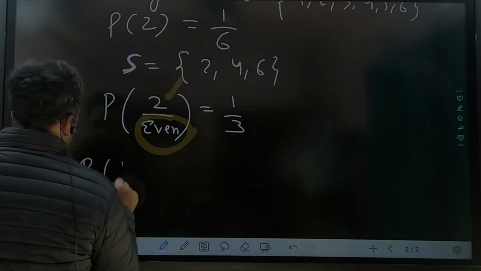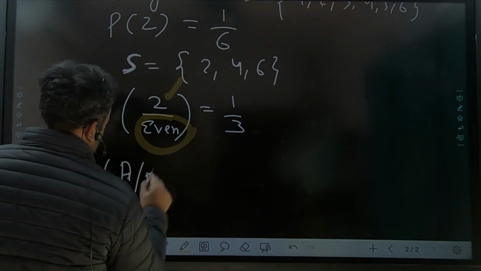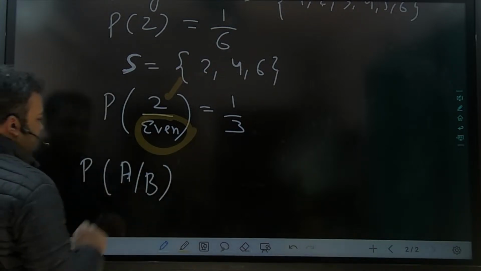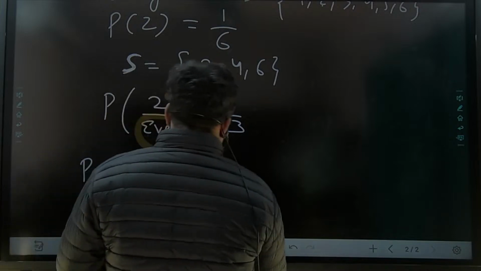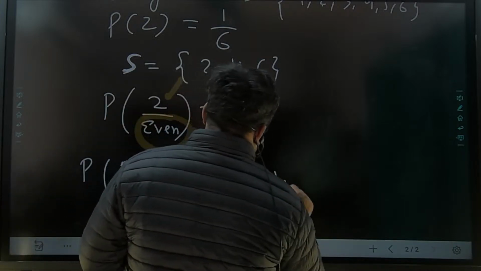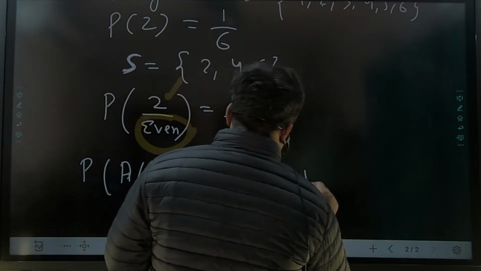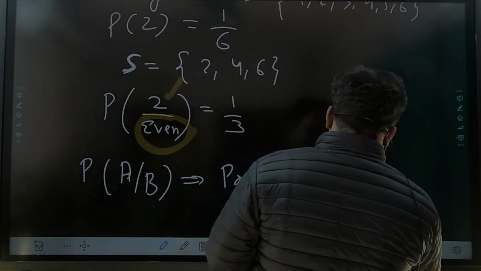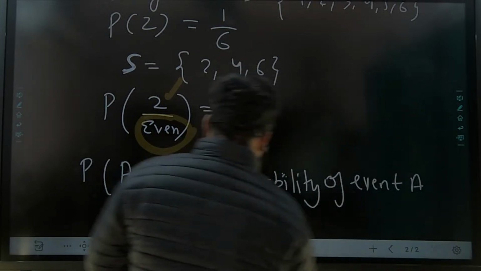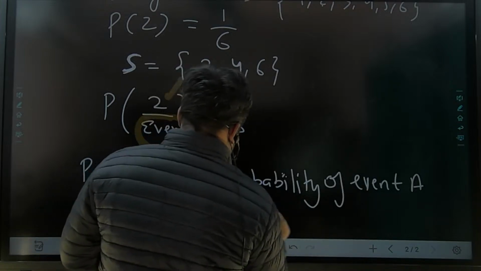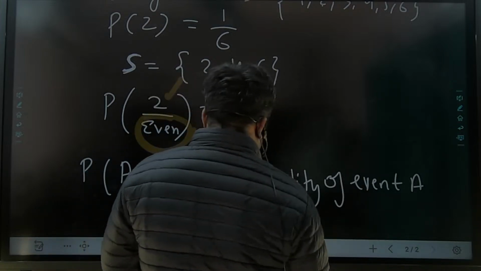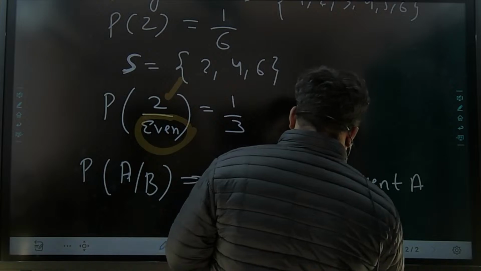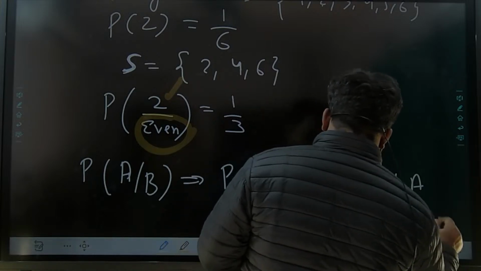Probability of getting event A when B has already occurred. It means the probability of event A, given that event B has occurred.